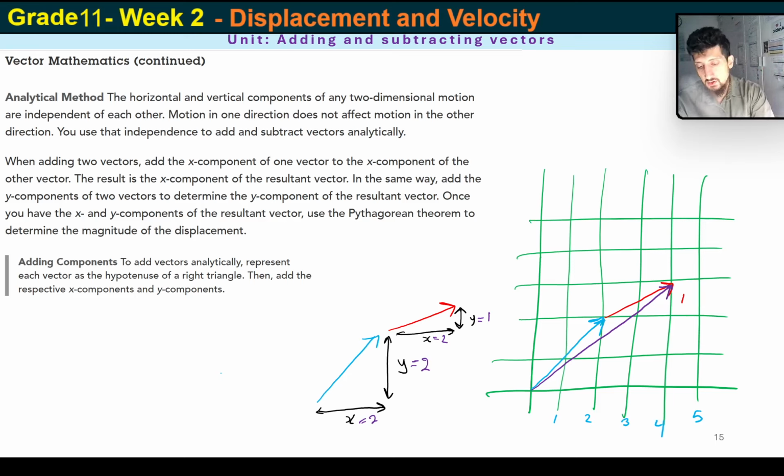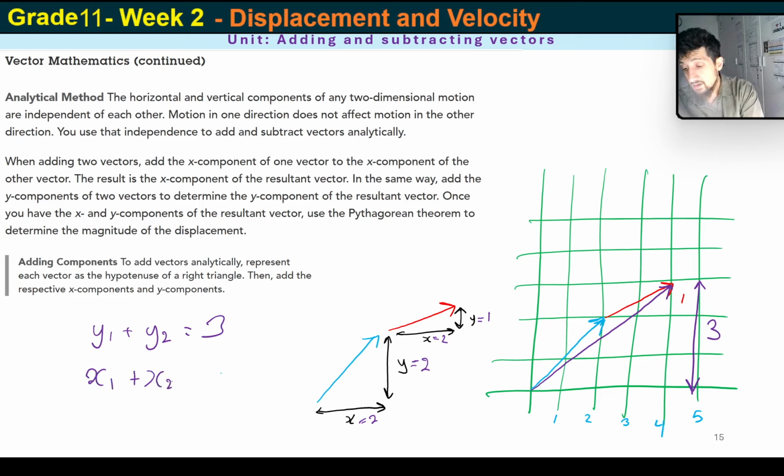Okay, so according to the analytical method, if I take y1 and add it to y2, that equals 1 plus 2, and that equals 3. So this here should be 3, and it is. And if I take x1 and add it to x2, x1 plus x2, then hopefully you figured out that should equal 4.